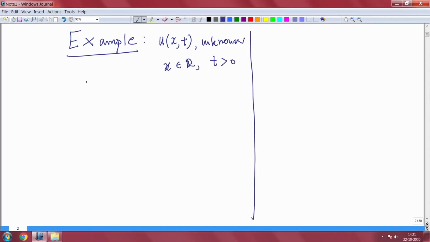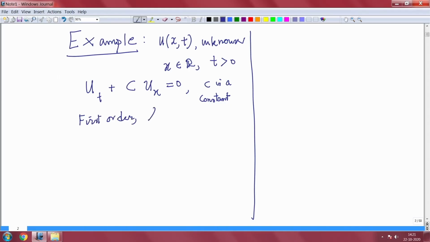Okay. So, the PDE is u t plus c u x equal to 0 for x in R, where c is a constant. This is one of the simplest PDEs, very easy, first order linear.